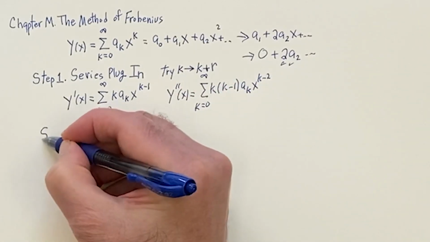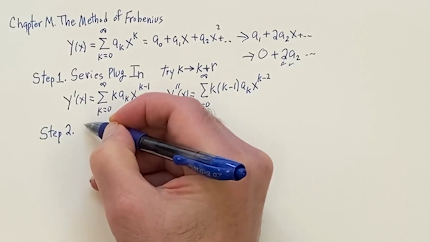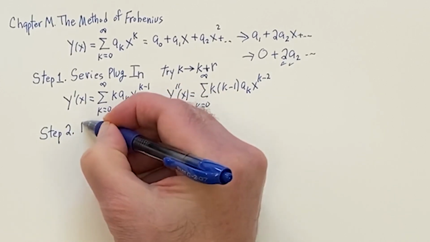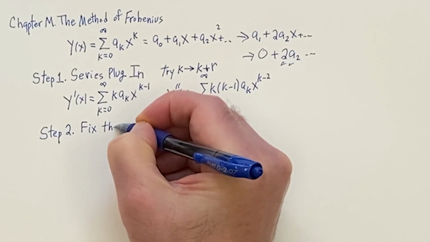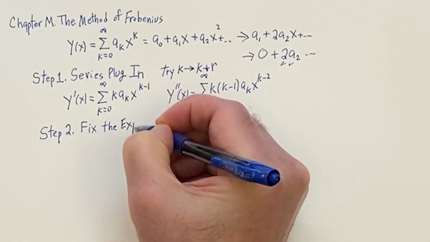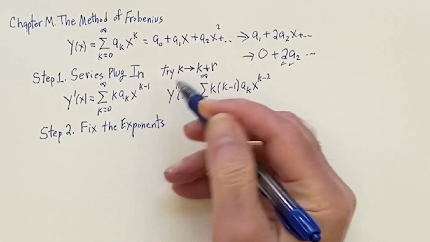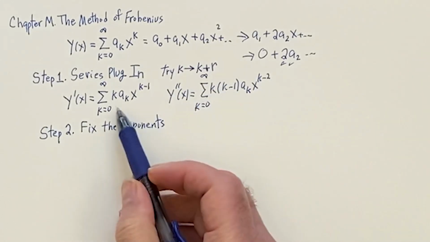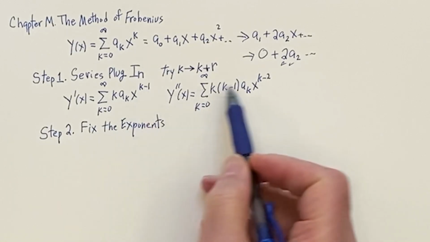And then step 2 in my breakdown of the steps, which is my way of looking at it, I'm going to call that fix the exponents. We want all these to be in sync. See, that's k minus 1. That's a k minus 2.